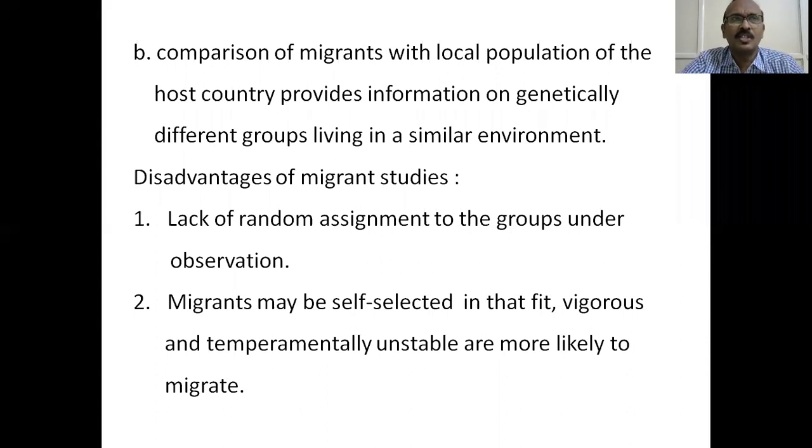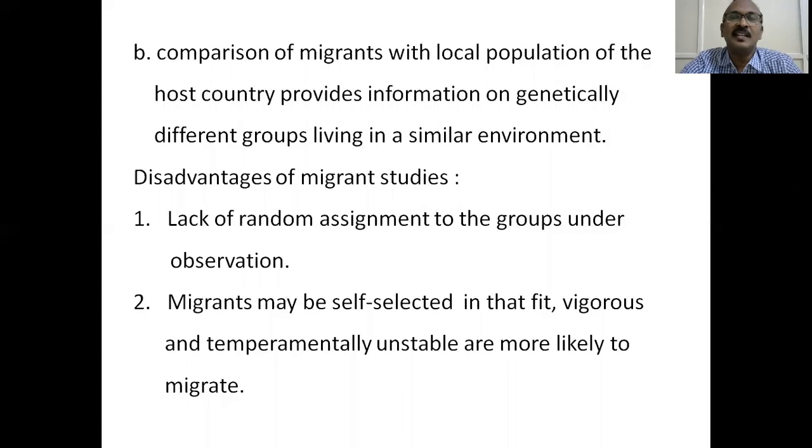So it has been observed that if you look into the causation of coronary heart disease in Japanese, the coronary heart disease in Japanese in Japan is low compared to that of the Japanese residing in the US. So it means that the Japanese have taken to the new environment in the US.